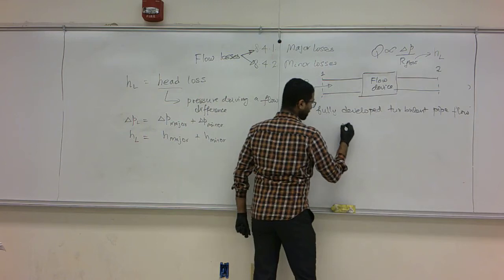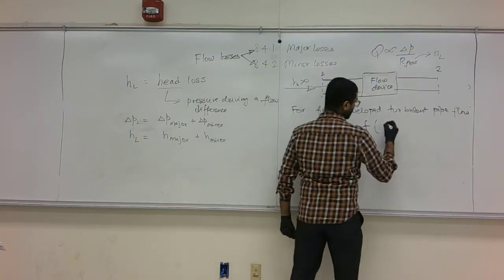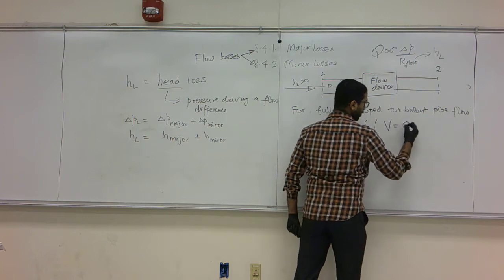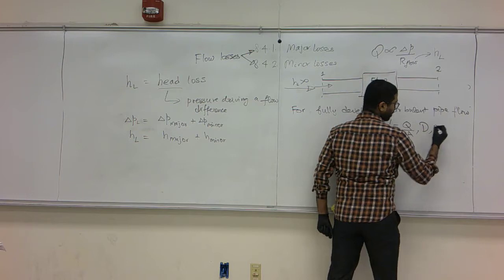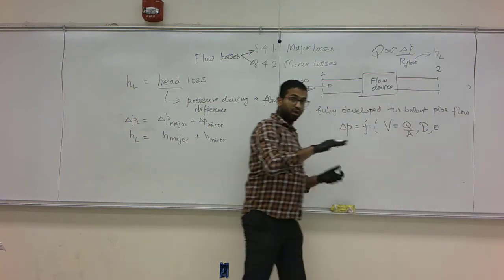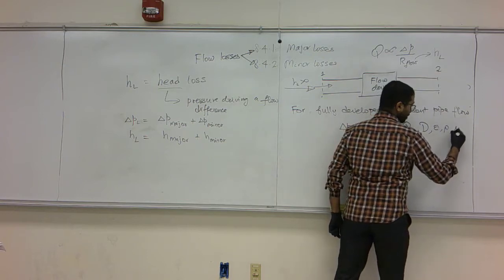I can write delta P is a function of the average velocity, which is flow rate divided by area, pipe diameter, the pipe roughness, how smooth or how rough that pipe is, the fluid density, and the fluid viscosity.